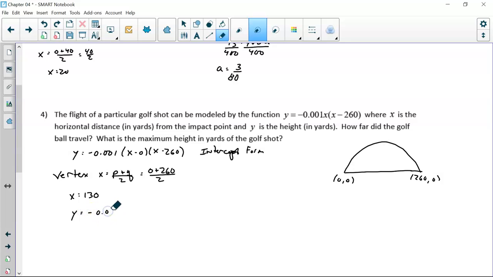Negative 0.001 times 130, times 130 minus 260. Negative 0.001 times 130 times negative 130. So y equals 16.9.